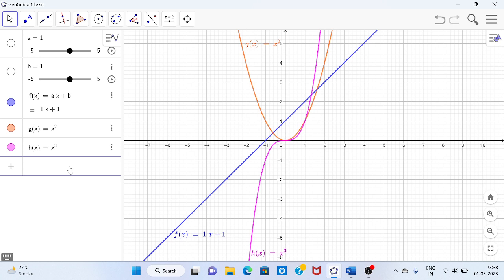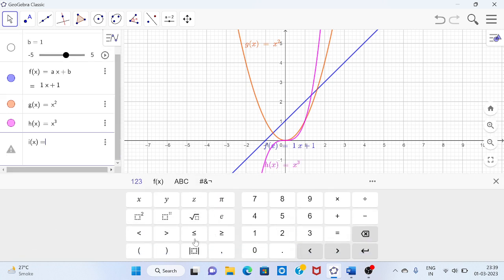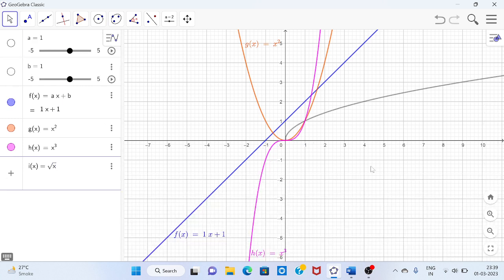Moving on to the next one. The next we have is a square root function. Let's give the name, sorry, I of x equal to square root. For the square root, if you see right over here in this corner, clicking here, we can see the square root. This is like a scientific calculator. So if you see here, we have a square root symbol. Clicking here, we have square root of x. Let's close this.